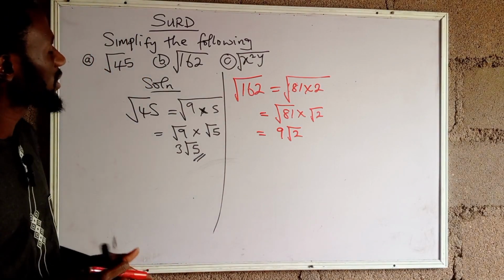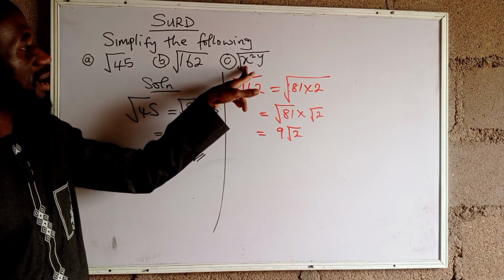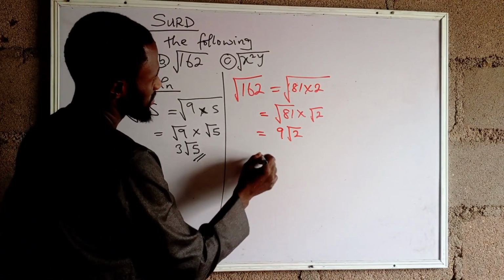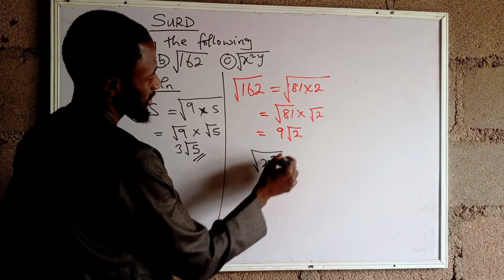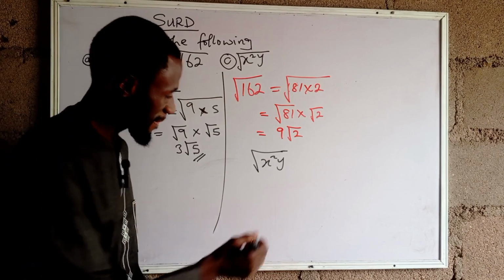Then the last question here on the board, we have the square root of x squared y. We simplify the square root of x squared y. We can also simplify this in short form.